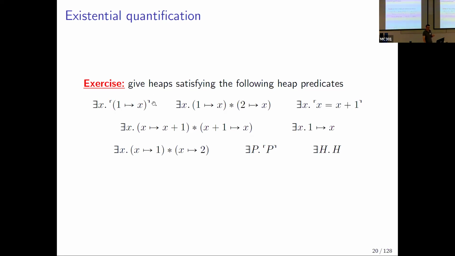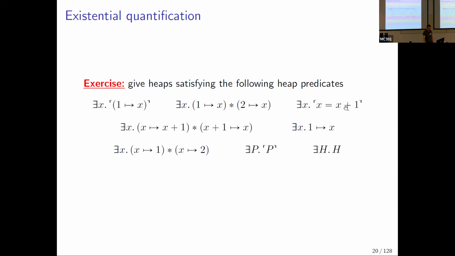So that's a typing error. You shouldn't write this, this is bad. You have a heap predicate inside of something that is a pure heap. Not good. You have there exists x such that 1 points to x and 2 points to x. That's fine. That's just a heap with domain 1, 2, with the same two values.